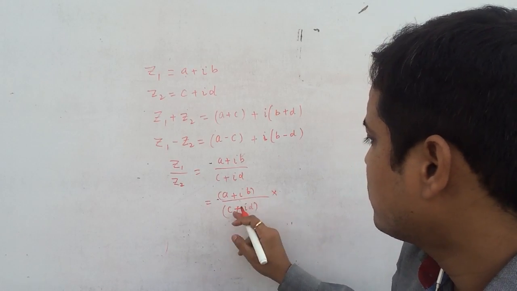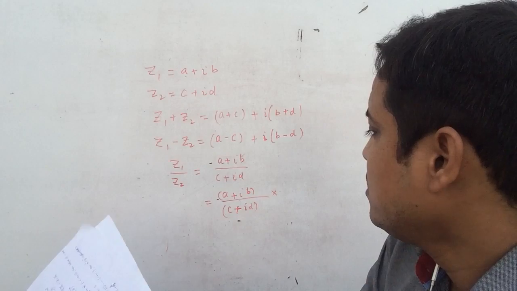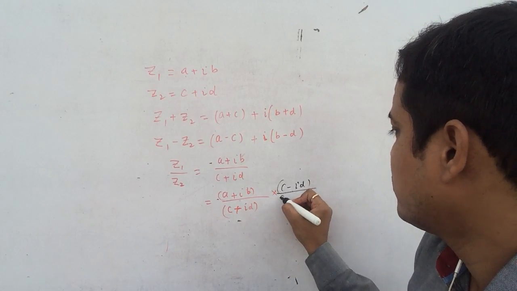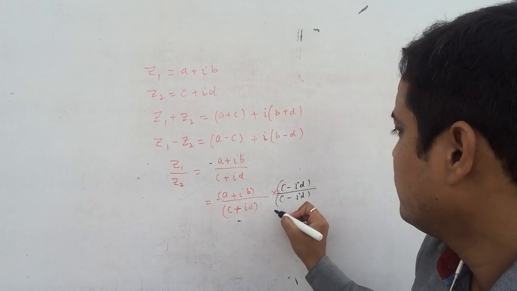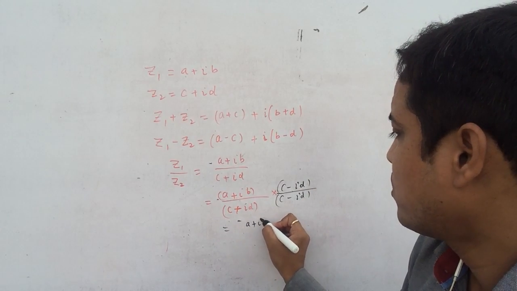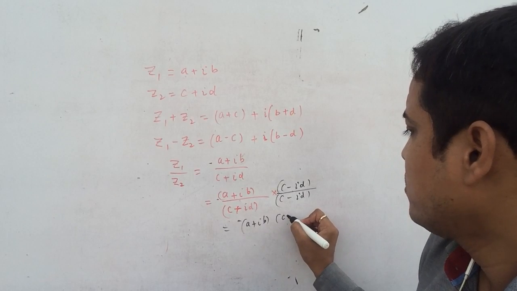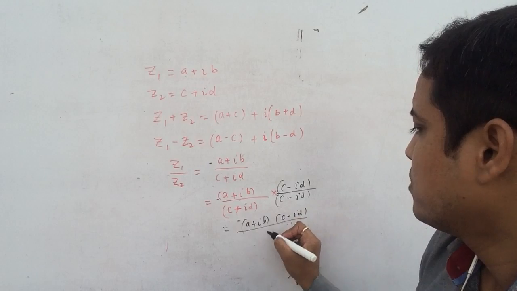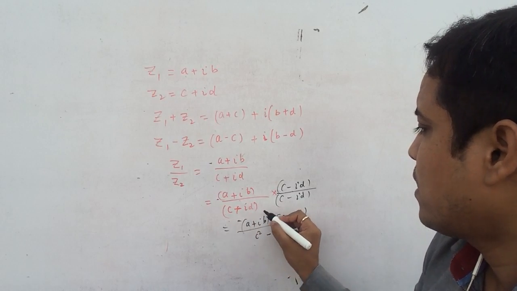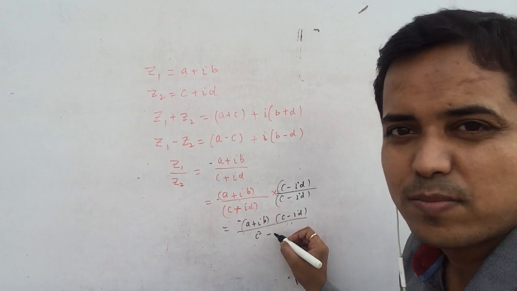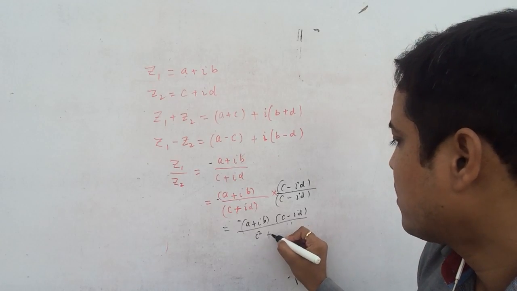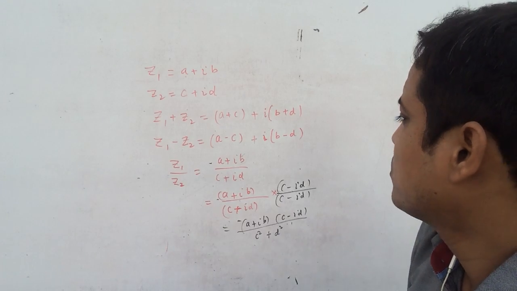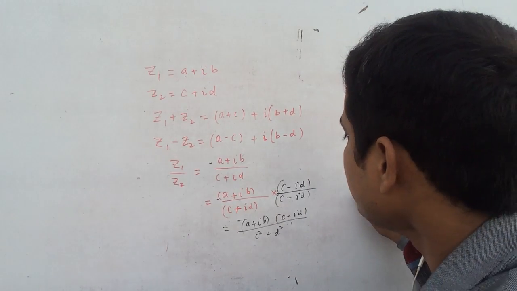The conjugate of c plus iota d is c minus iota d. All right, upon c minus iota d. So you get here a plus iota b times c minus iota d, upon c square minus iota d whole square. Iota square is minus 1, so here you would get c square plus d square like this. All right, so in this way you can also divide the complex numbers.